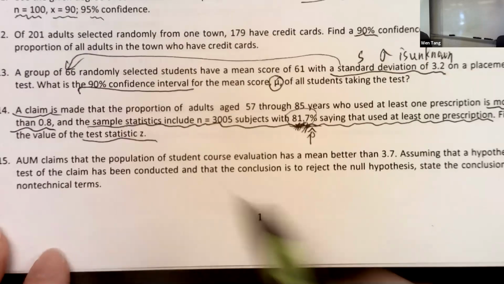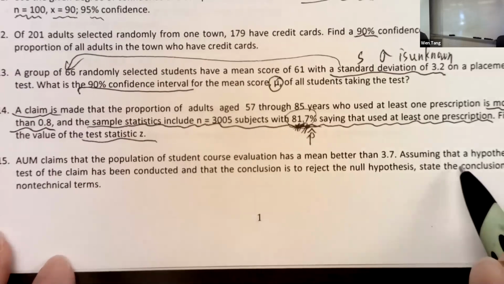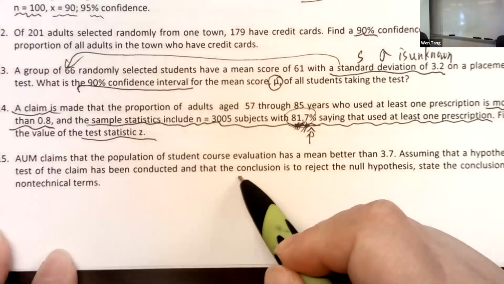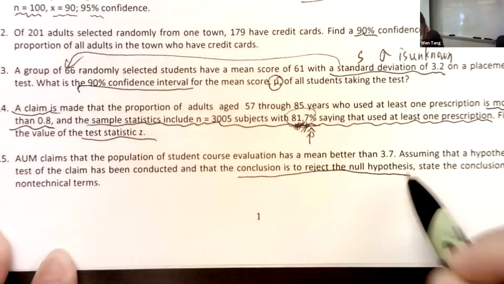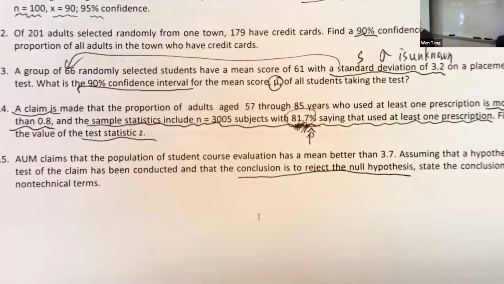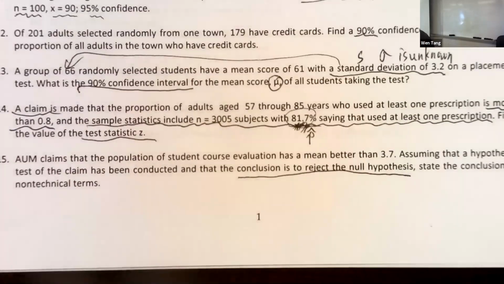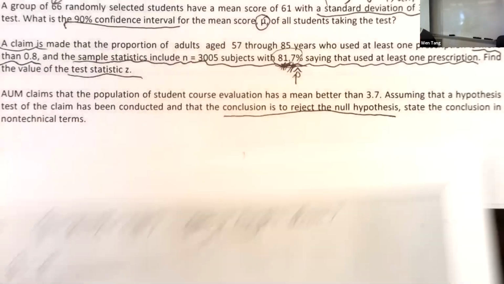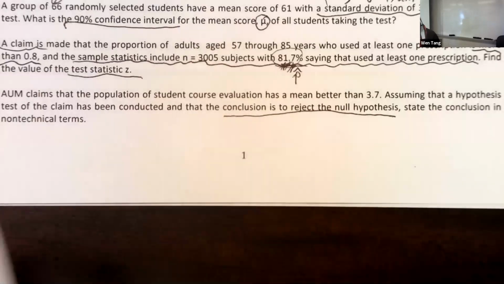Because we already know the technical conclusion is reject null. So our technical conclusion is reject null. We want to state the non-technical conclusion. Let's check what is the hypothesis we have, then we could know what reject null means.